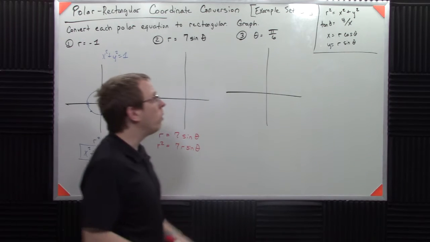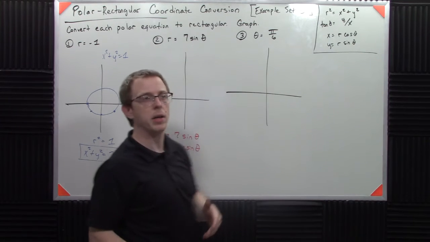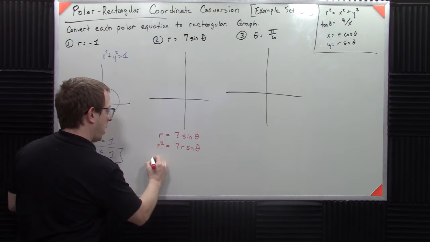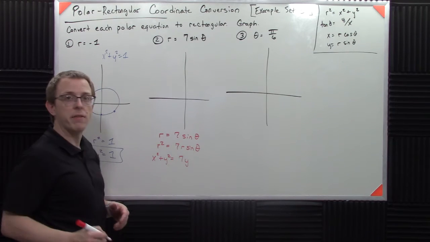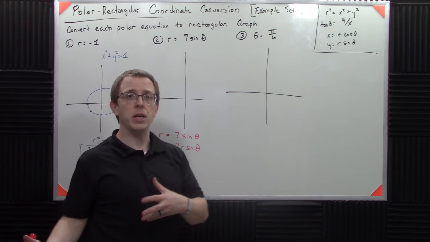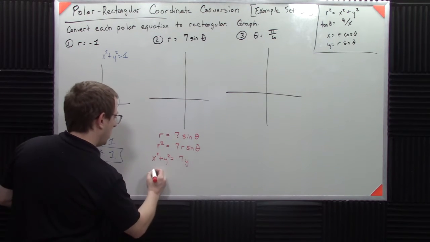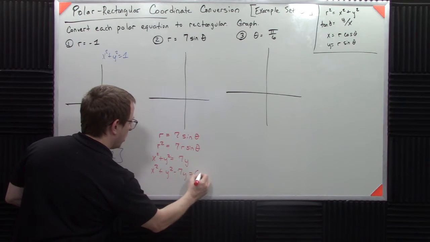Why is that important? Well, once I have an r sine theta, I can turn it into a y. So now I have x squared plus y squared equals 7y. Okay, that's not bad. So then what I have to do is get everything on one side of the equation. x squared plus y squared minus 7y equals 0.